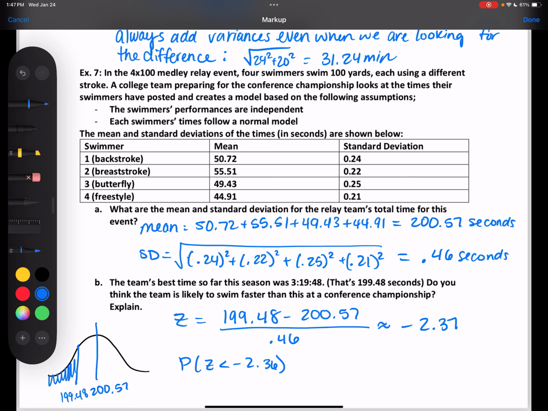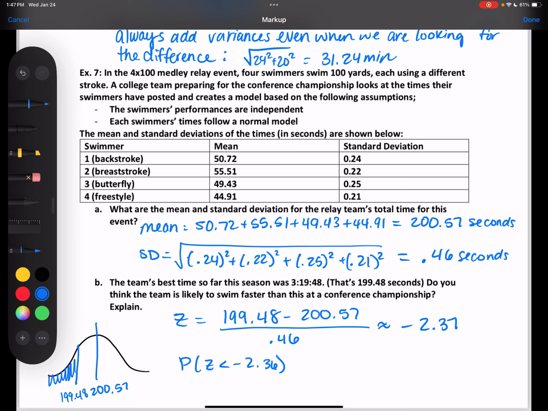All right, so the right-hand side is your whole number and your first decimal place. So what was it? Negative 2.3. And then I'm going to go over to the left to where it's 0.07.